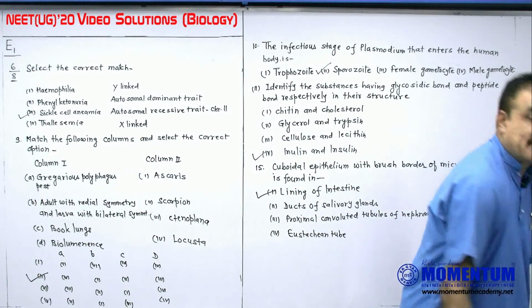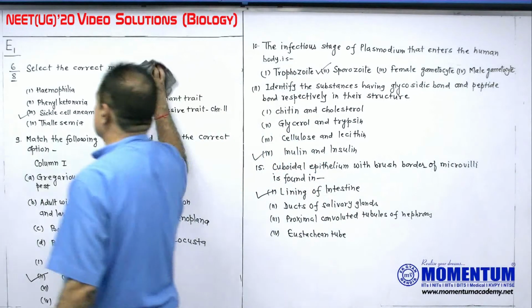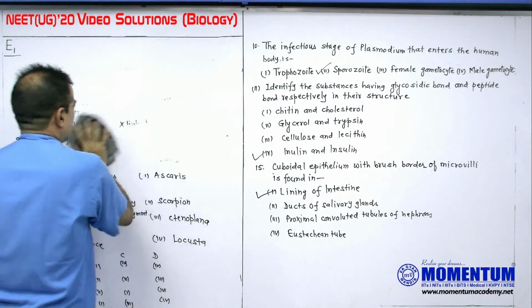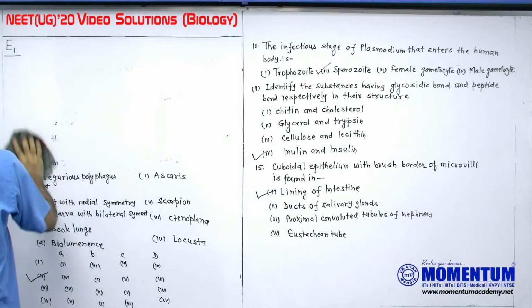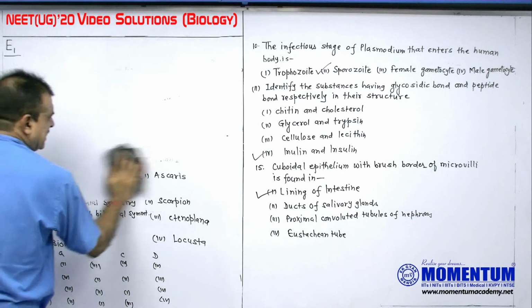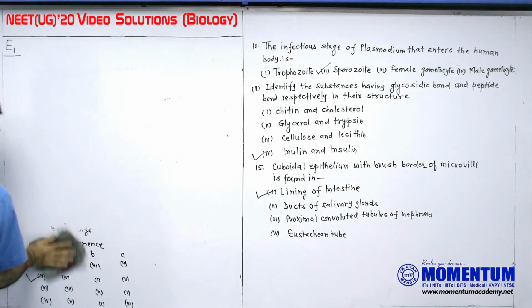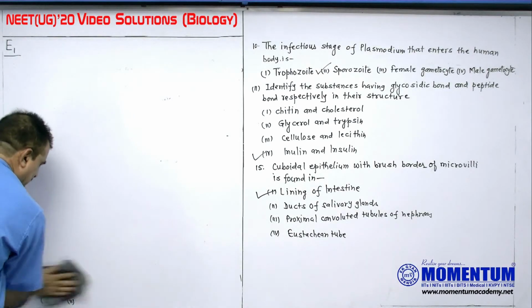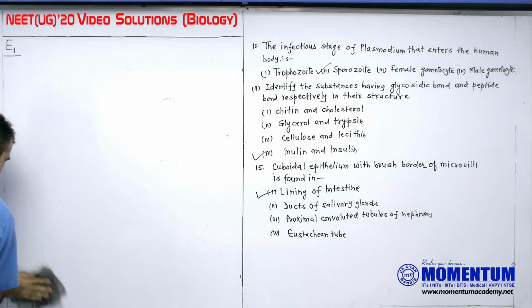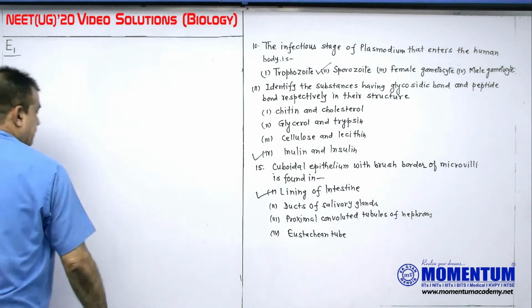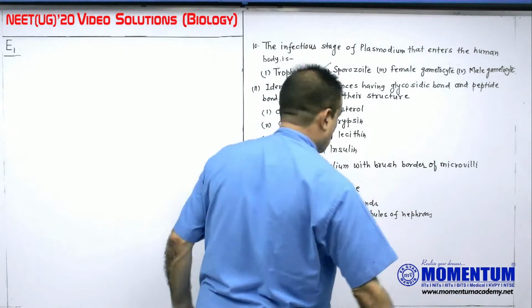If you remember, you have studied that in the small intestine microvilli are present, which increase the surface area for absorption of the food.